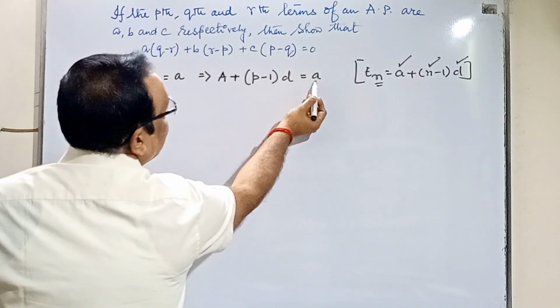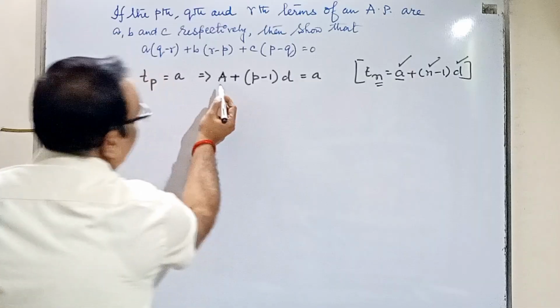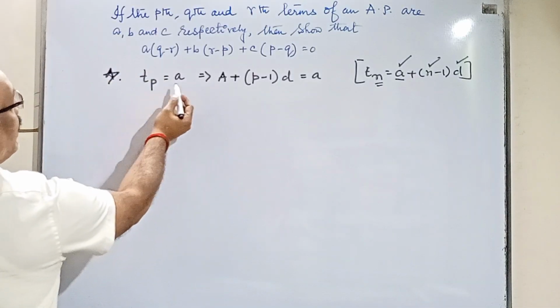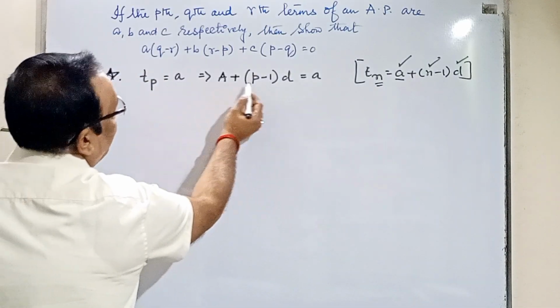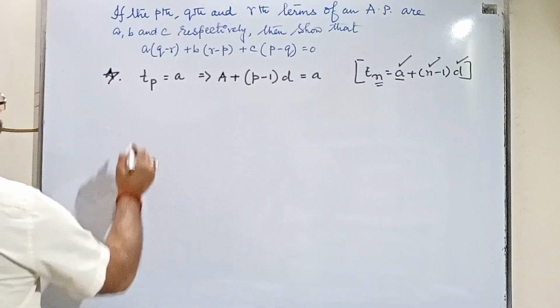Since A is already there, we have taken this first term as capital A. So TP is A, which implies A plus (P minus 1) D is equal to A.